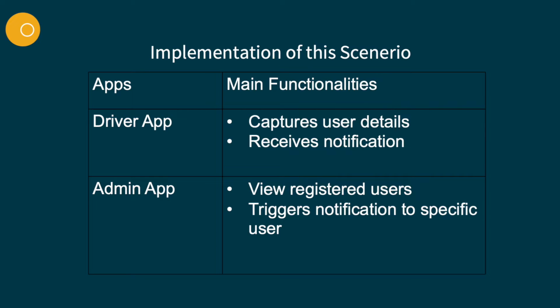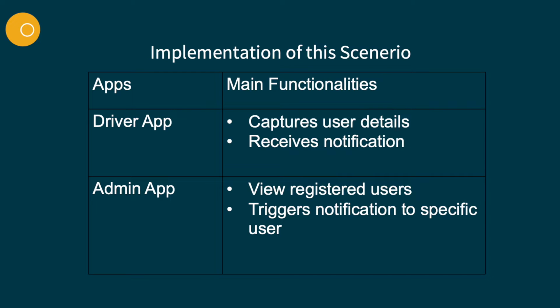So to accomplish this, we created two applications, the driver app for joining the queue and receiving notification, and the admin app which generates a QR code that drivers can scan upon arrival, and also it notifies the driver on the queue with a button click.